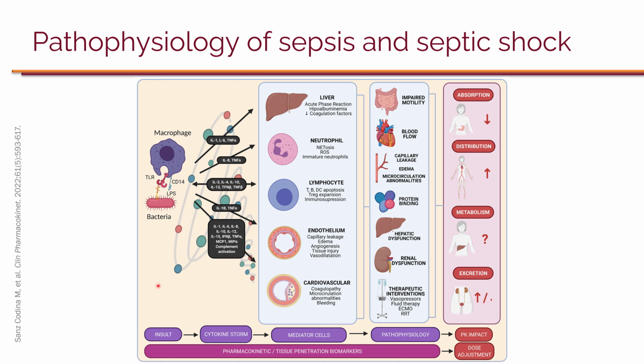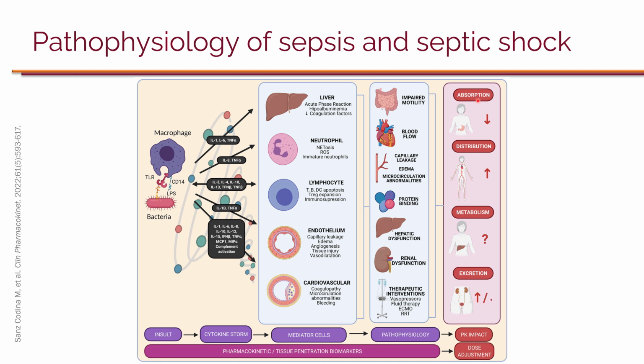So, if you look at this timeline, when the insult, which is the infection, comes, there's a cytokine storm, so this is the body's immune response to the infection. And then there's the effect on various organs, so the liver, neutrophils, lymphocytes, endothelium, cardiovascular system. And the changes that occur, for example, in the GI tract, there is impaired motility. So essentially, if things are moving slowly, absorption could be impaired.